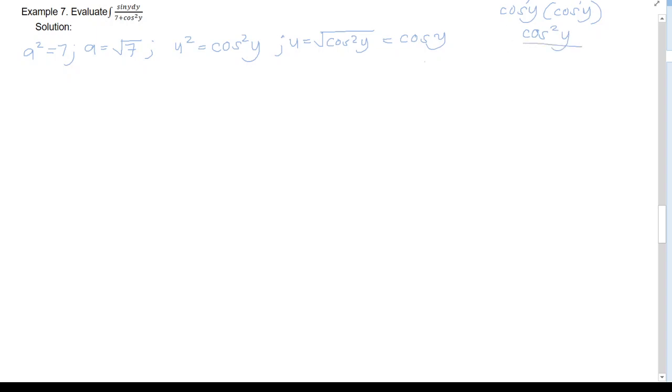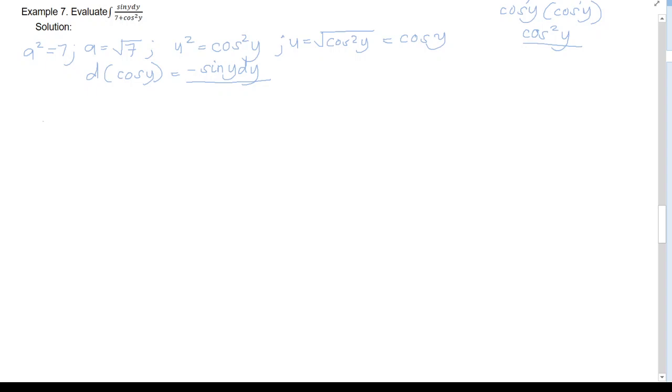So the square root of cosine squared y, that is cosine y, but of course we get the derivative of u again, that is the cosine of y, which is equal to negative sine y dy, and this one doesn't satisfy the numerator, since that is positive, so we have here negative, so we have to multiply it by negative and divide it by -1.